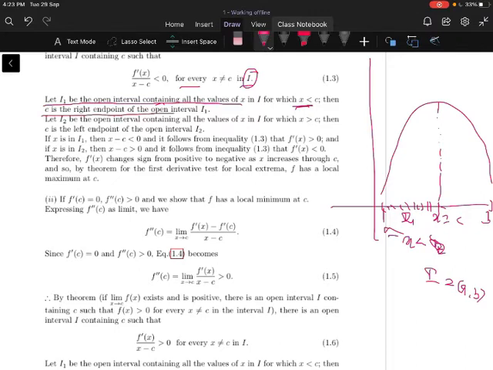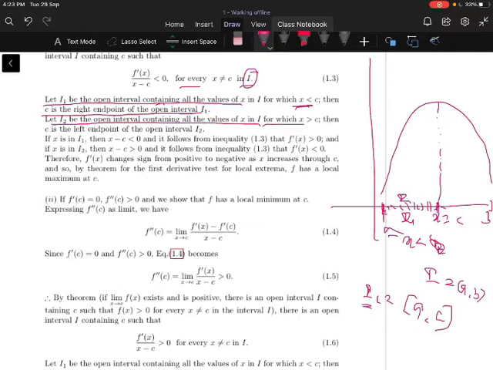Taken like this. Then c is the right end of the open interval I1. So c is the right end of the interval I1. I can take it as a comma c like this.